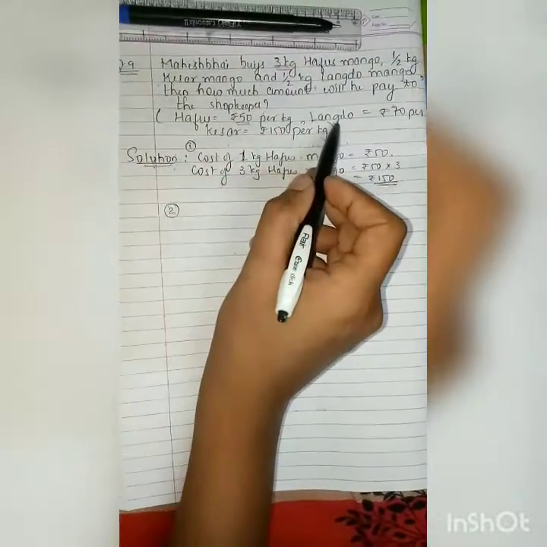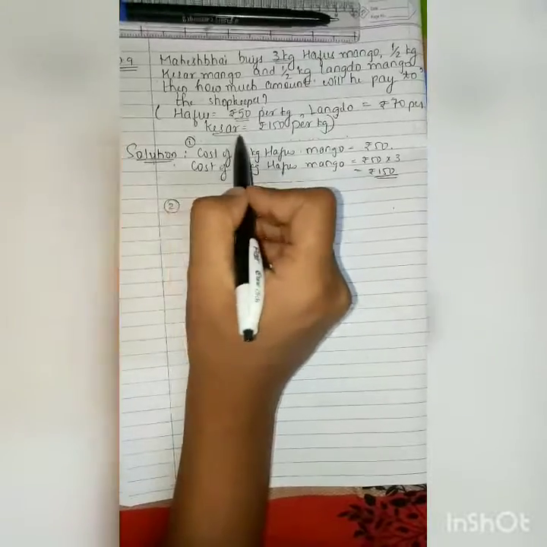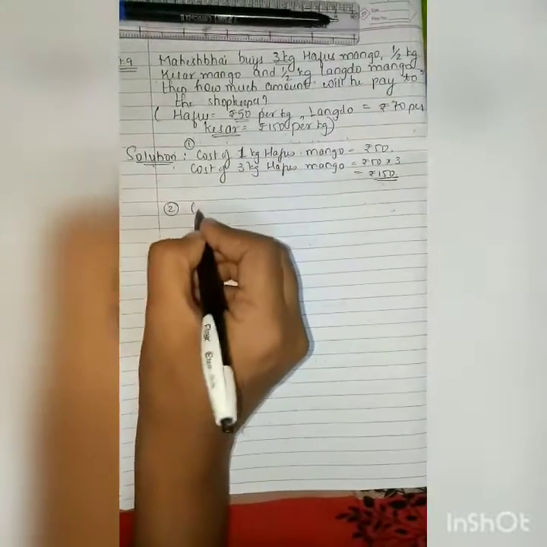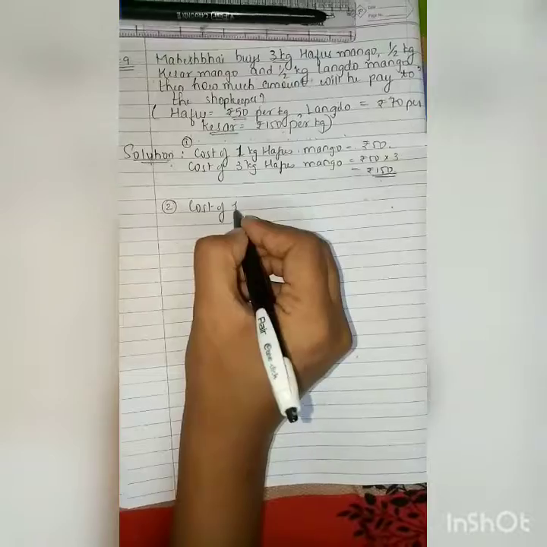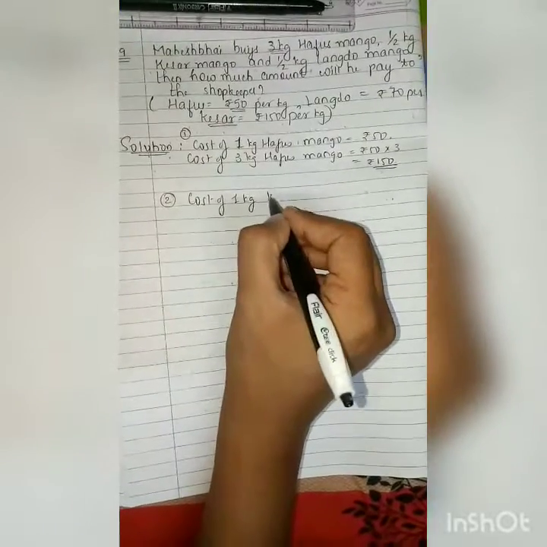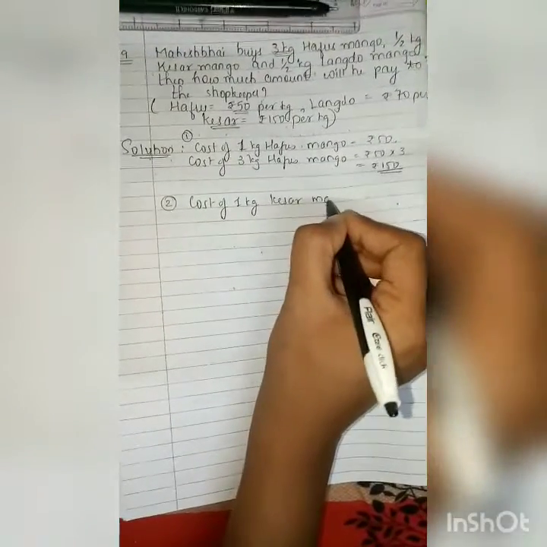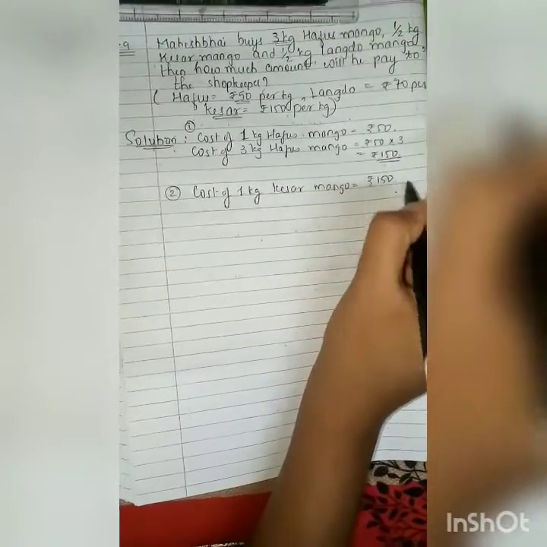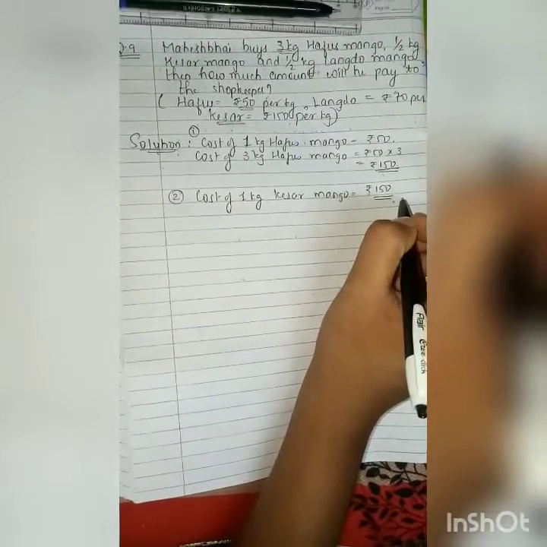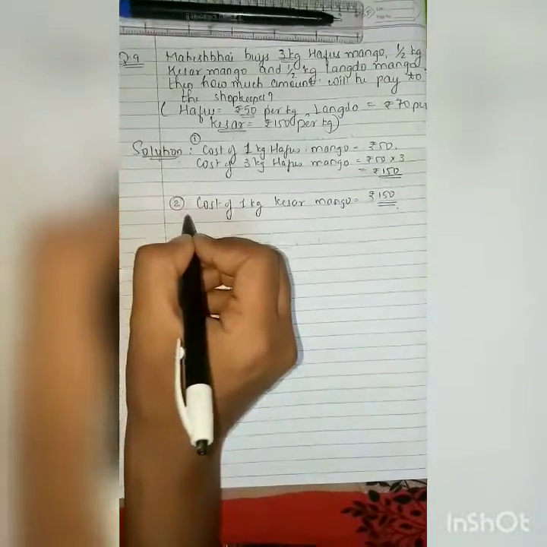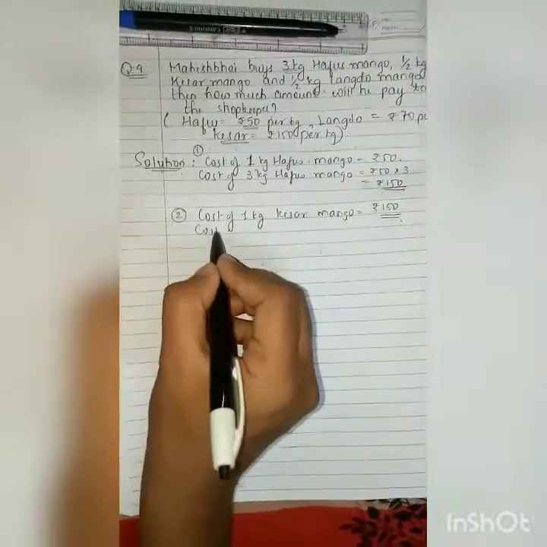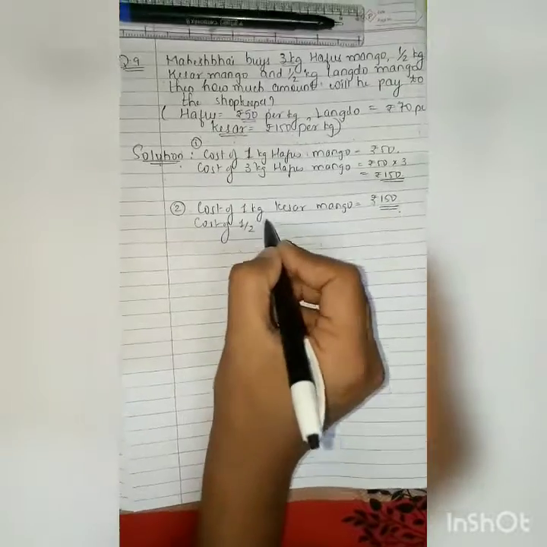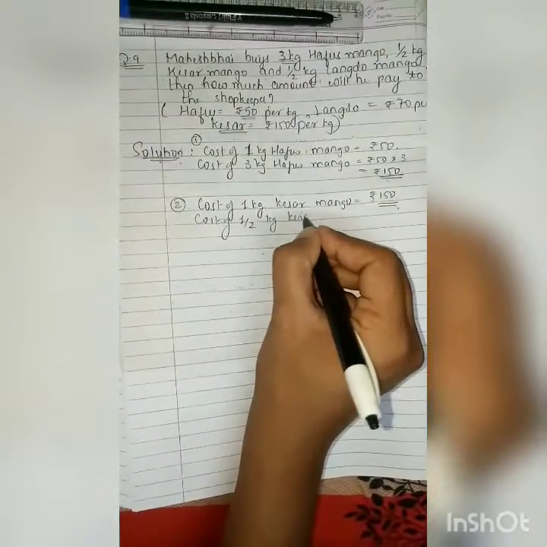So cost of 1 kg of the kesar mango, here it is given 150. So cost of 1 kg kesar mango is how much? It is rupees 150. Okay, rupees 150 for 1 kg, but he is buying only half kg. So cost of half kg kesar mango.